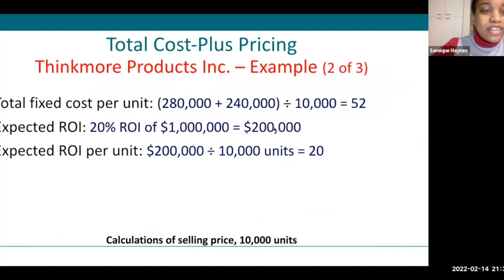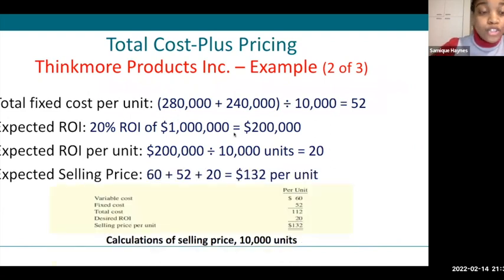But how much is that in unit form? That's $20 per unit. So what we need to do is set a price that covers variable cost, 60, fixed cost, 52, and our return on investment per unit of $20. When you add all that up, we need to set a price of $132 in order for this investment to make sense. This is what the business is saying. Does that make sense?